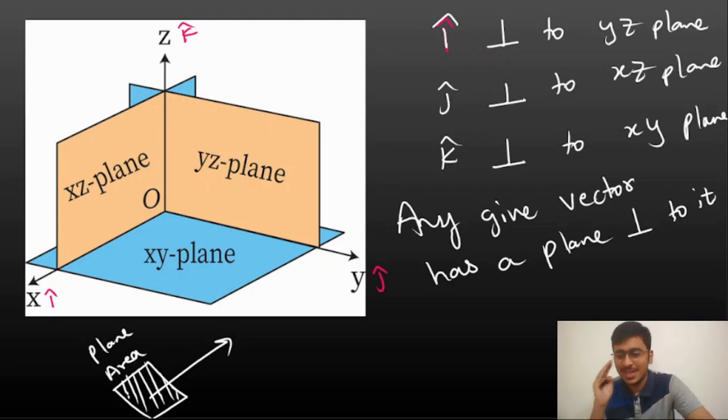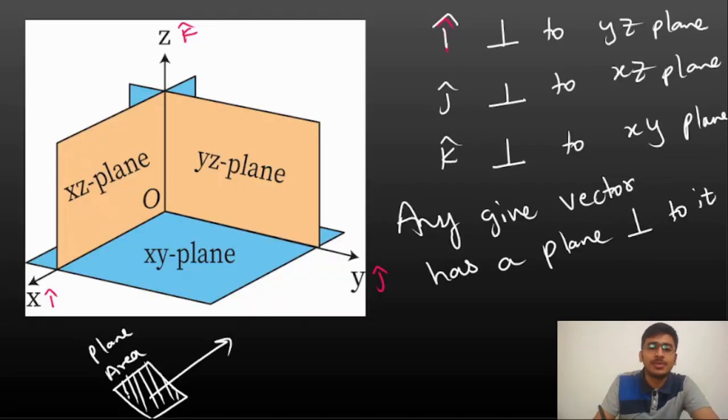Because you can only see that plane if you are at a component perpendicular to it. If some person is standing on the x axis, he cannot see a heart that another person draws on this xz plane.